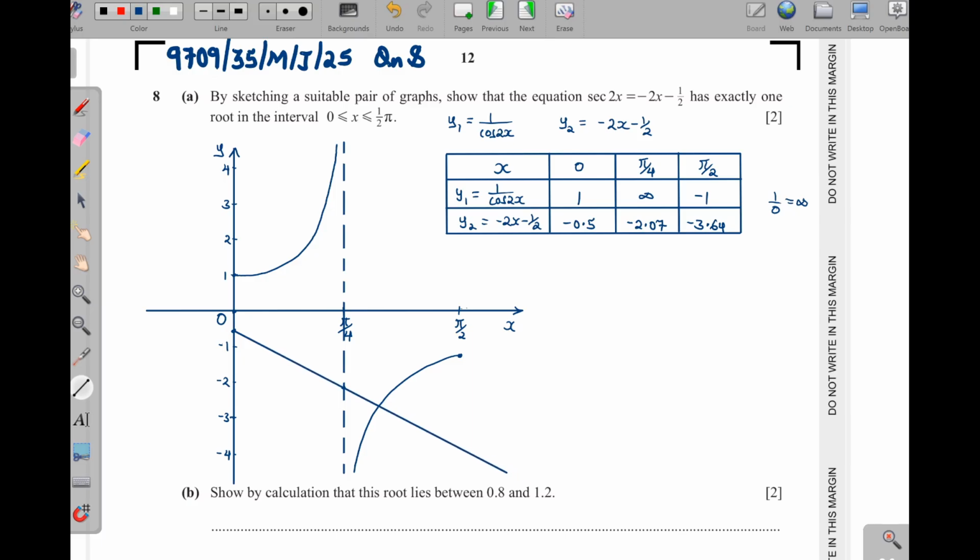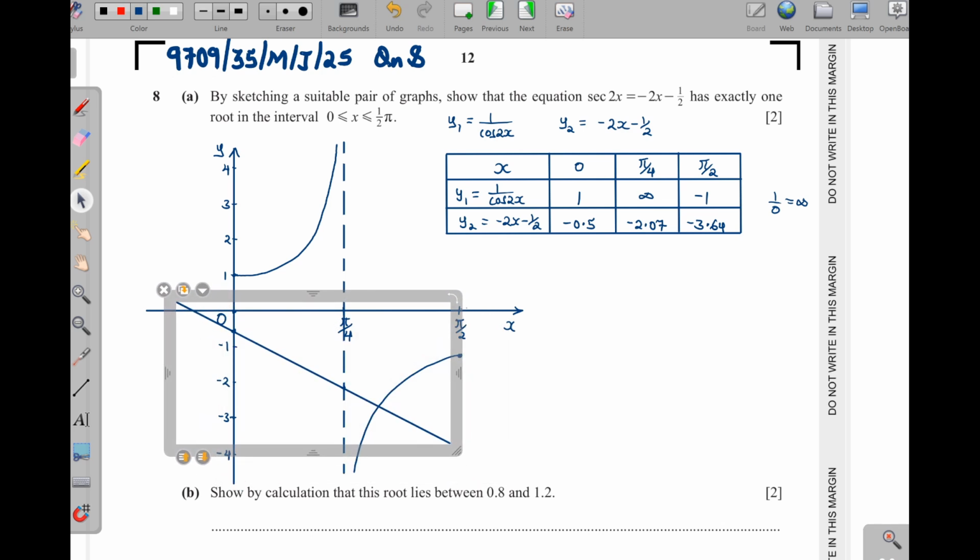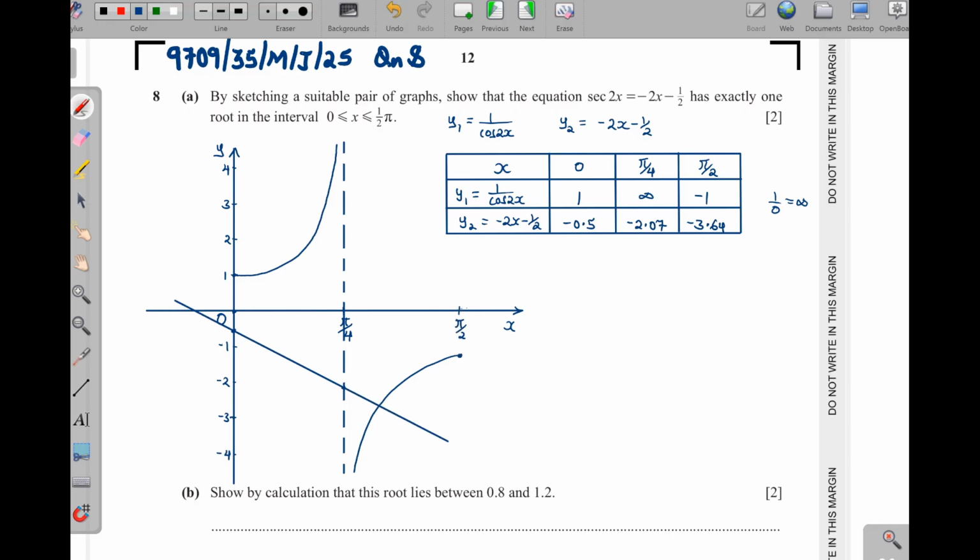For a straight line, I just need 2 points. Okay? Then we can extend this one just like that, such that it can cross the y and x axes. Now we can see that there is 1 point of intersection here. So because there is 1 point of intersection, then there is exactly 1 root in between. Where those two are going to meet is the root.